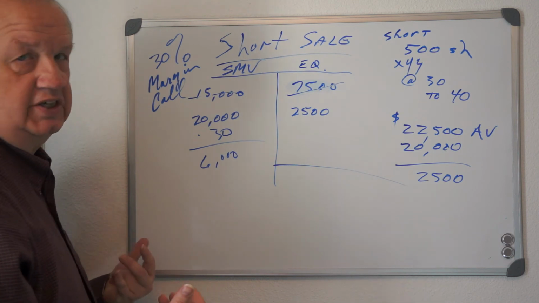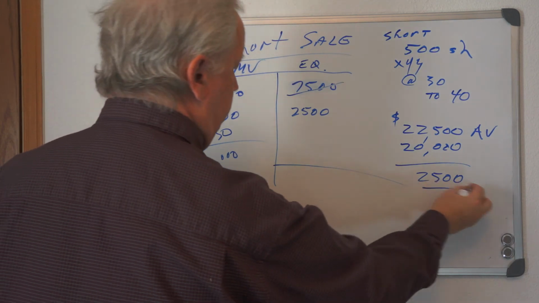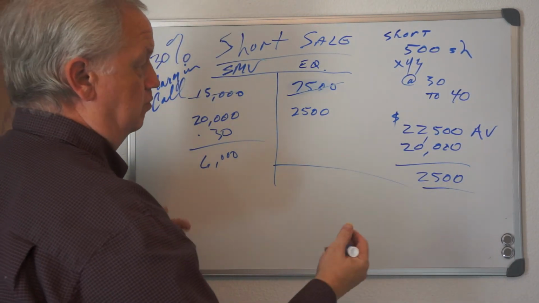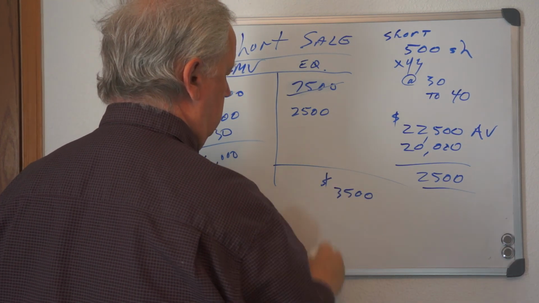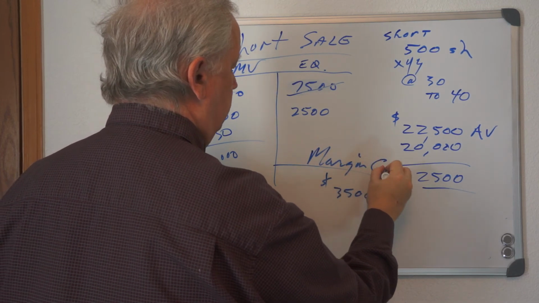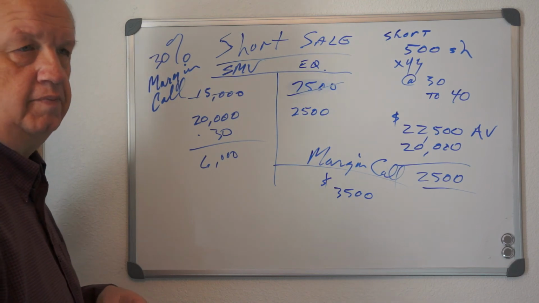You don't have 6,000. You have 2,500 in equity. So if you want this deal to go through and maintain your position, you have to come up with $3,500. You're going to get a margin call for $3,500.